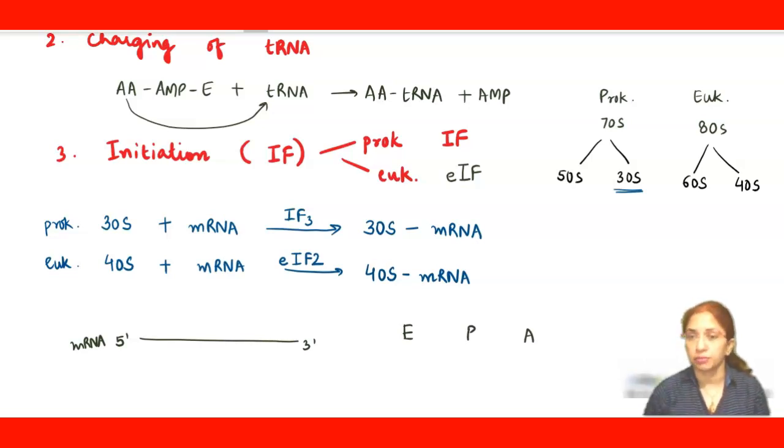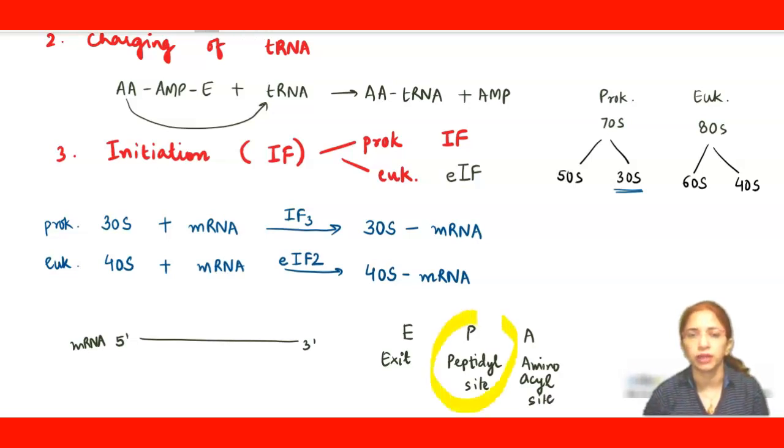Remember, you have to write all these sequences in serial order. There should be no mistake. So E for exit, P for peptidyl site and A for aminoacyl site. Remember, the first amino acid will always come to the peptidyl site.